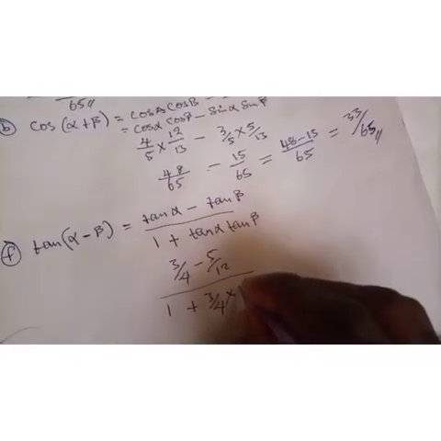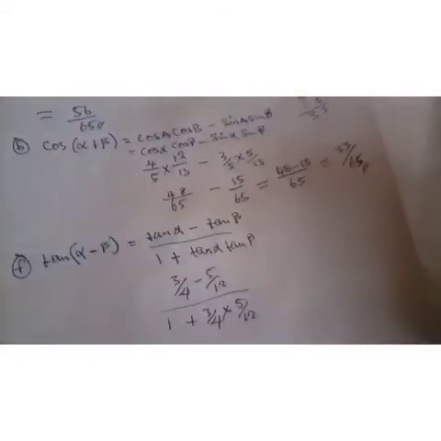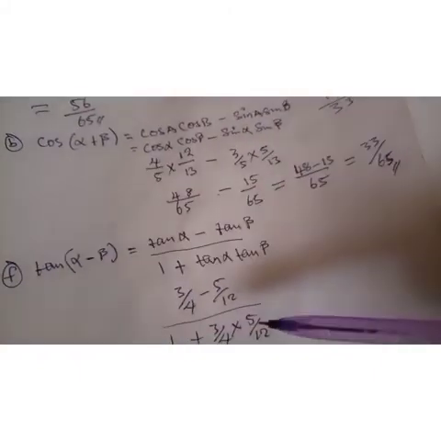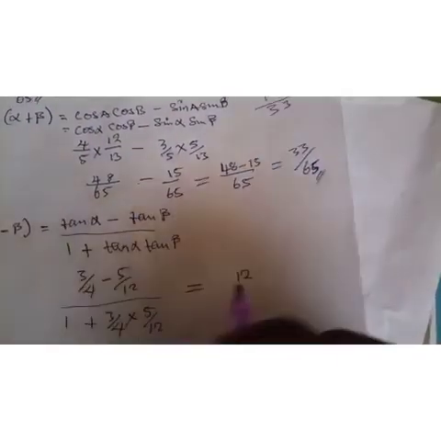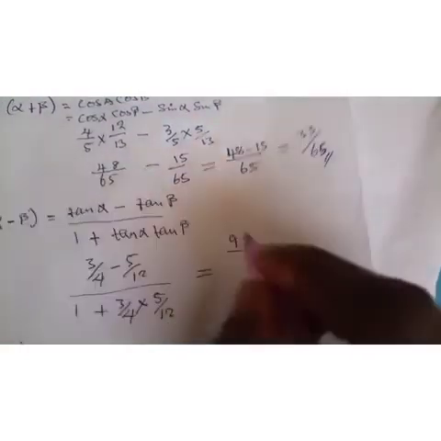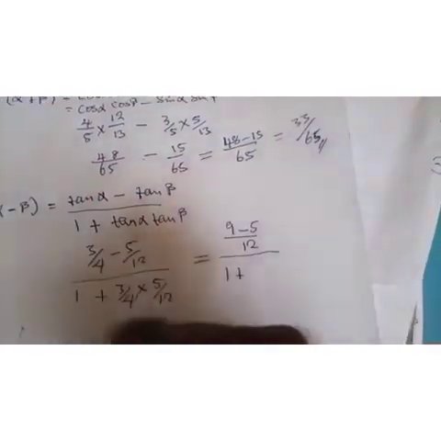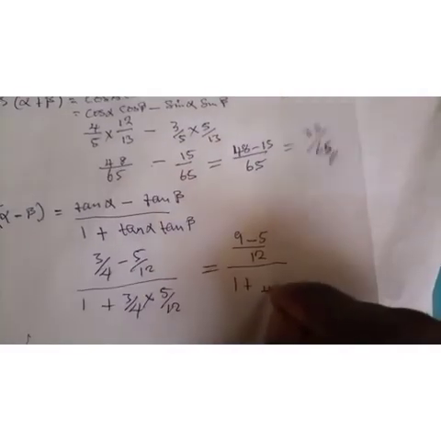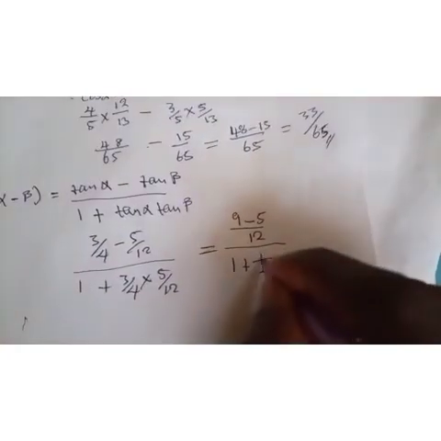When you multiply, 4 times 12 is 48, and 3 times 5 is 15. Find the LCM, which is 12: 9 minus 5.